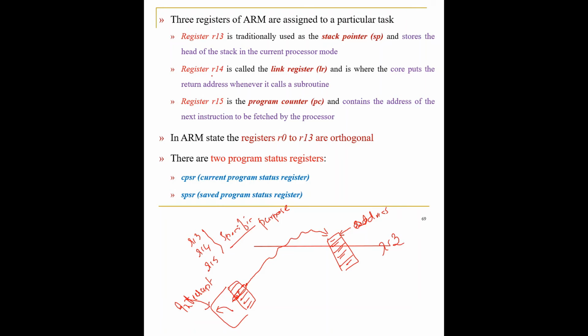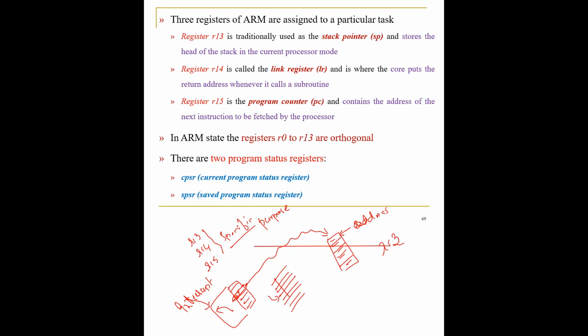R14 is your link register. Link register is a register where the core puts the return address whenever it calls a subroutine. So let's say that my processor is executing a program, and it is executing this particular line.